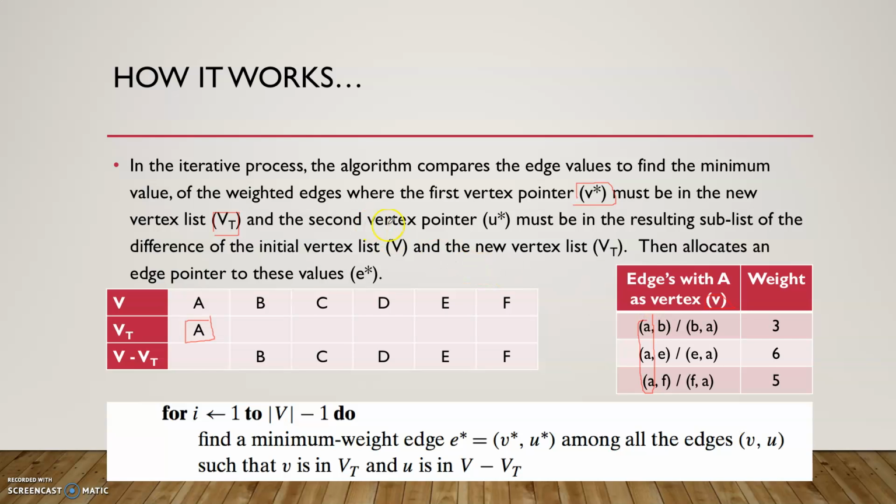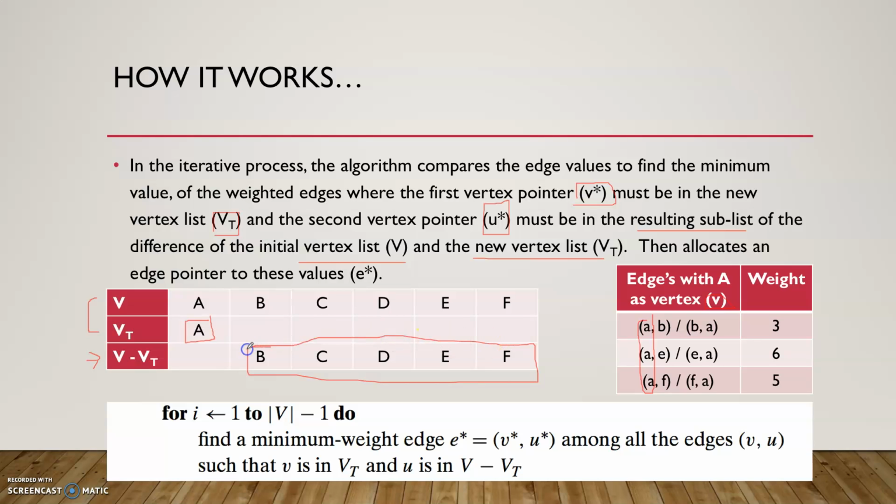And the second vertex pointer U must come from a resulting sublist of the difference between the initial vertex list and the new vertex list. So the difference between the initial and the new vertex list is listed here, which contains these vertices.